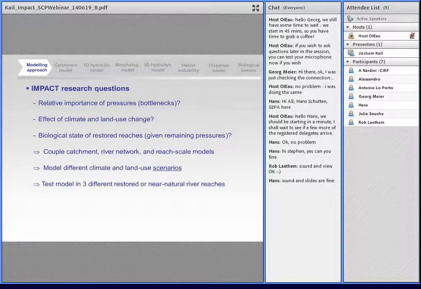So what we did is to couple different models which describe different processes at the catchment, river network and reach scale, and we did model then different scenarios, different climate and land use scenarios, and we tested the whole approach in 3 different catchments, and in all of these catchments we had one near natural reach as a kind of analog for a restored reach, and tested our modeling approach there.